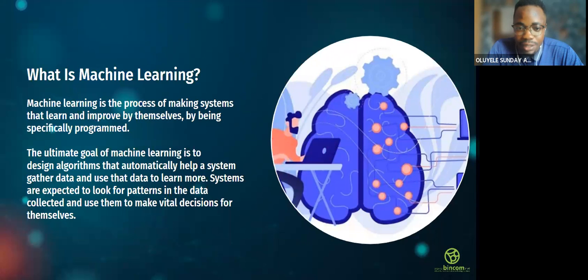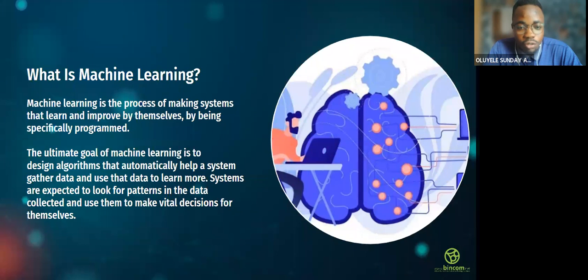Those are the data that have been stored in your brain, and you are trying to make decisions based on those data. So that is what we are trying to model with machine learning. Machine learning is just a way to make computers behave like human beings. That's the way the brain actually works.